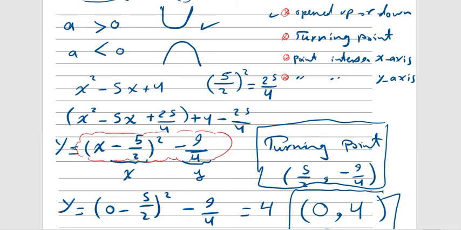What is the turning point? 5 over 2 and negative 9 over 4. 5 over 2 means 2.5, and here negative 2.25. Here it's 1, so 2.5 will be in the middle here, in this place like this, and go down to the point 2.25 and match with hands like this.